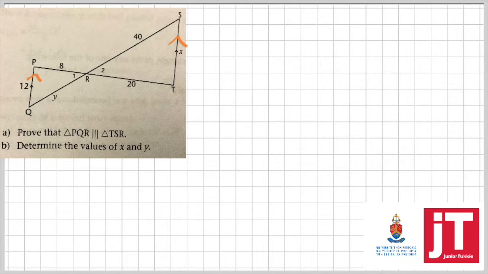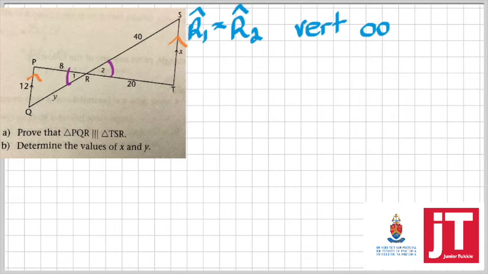So my point of departure here would be to state that the angle R1 is equal to the angle R2. The reason for that is that we're dealing with vertically opposite angles, and we know that vertically opposite angles are equal.